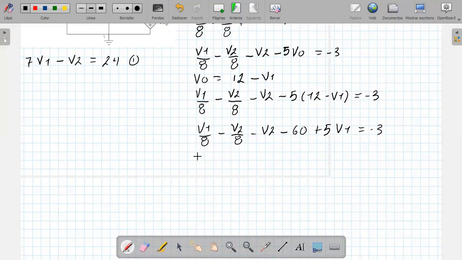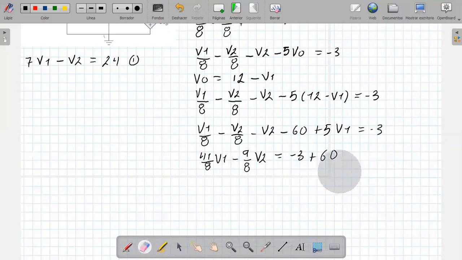Now, everything that has B1 is added up. It's going to be 41 over 8 B1. Everything that has B2 would be negative 9/8 of B2. All of this equals negative 3 plus 60. Pass this 60 to the other side.